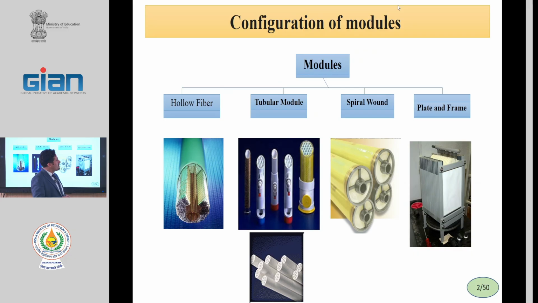For tubular membranes, we also have tubular modules, where we have a big tube that can contain a number of tubular modules together, or we can produce many tubes in one ceramic membrane.